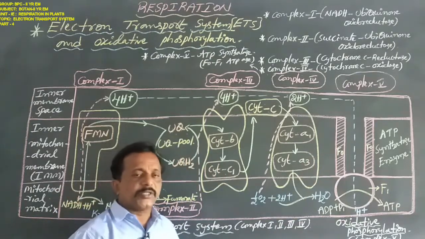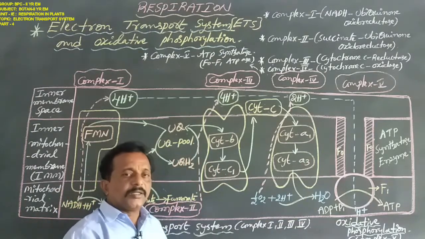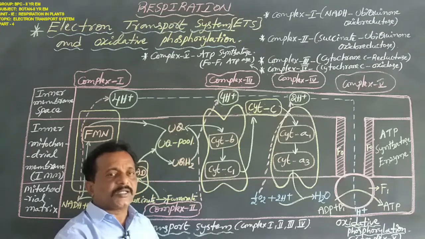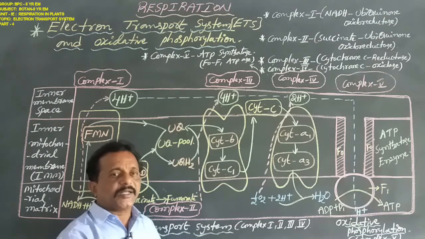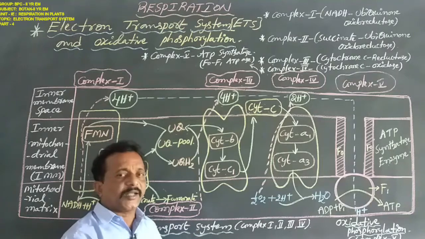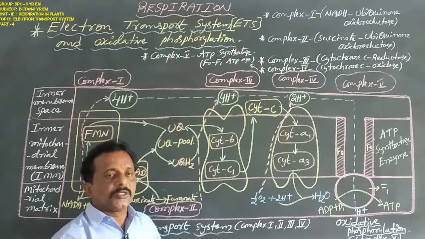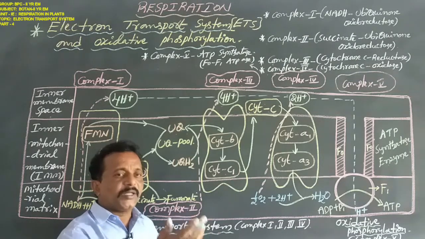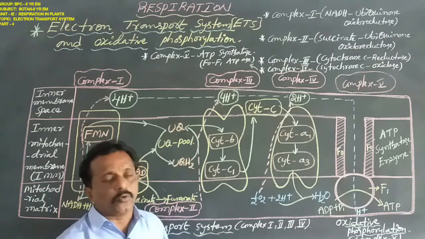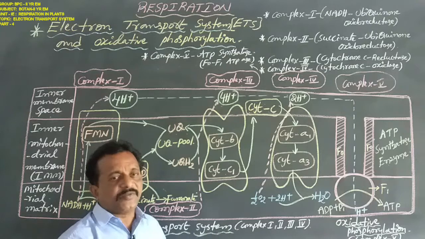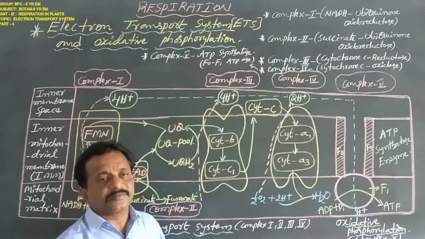Already in photosynthesis, there is cyclic photophosphorylation or cyclic electron transport, and non-cyclic photophosphorylation and non-cyclic electron transport. In those, electrons are passed from one electron carrier to another with the help of mainly cytochrome BC1.